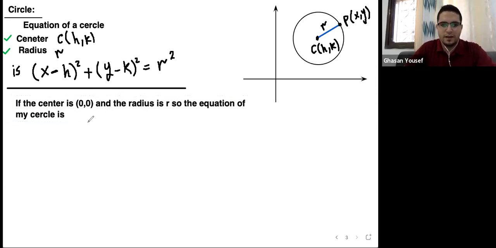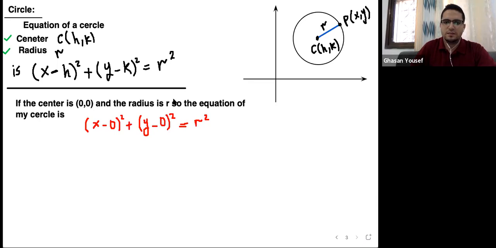So now I get x minus 0 squared plus y minus 0 squared equals r squared.